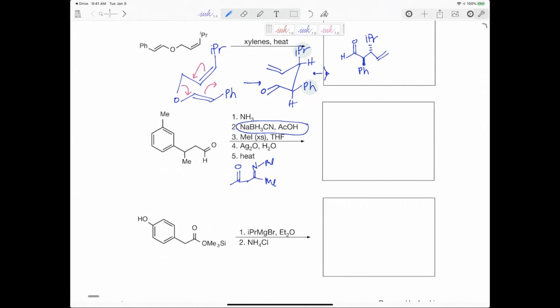It reduces NH2 to NH, right? So if I use sodium cyanoborohydride, I think that's what it's called, I can't remember, right? Which one gets reduced? Does the carbonyl get reduced? No, it's only the amine that gets reduced, right? Because this is a milder reducing agent.